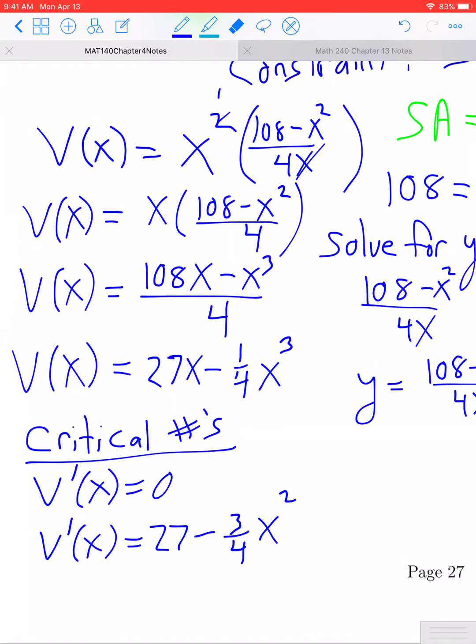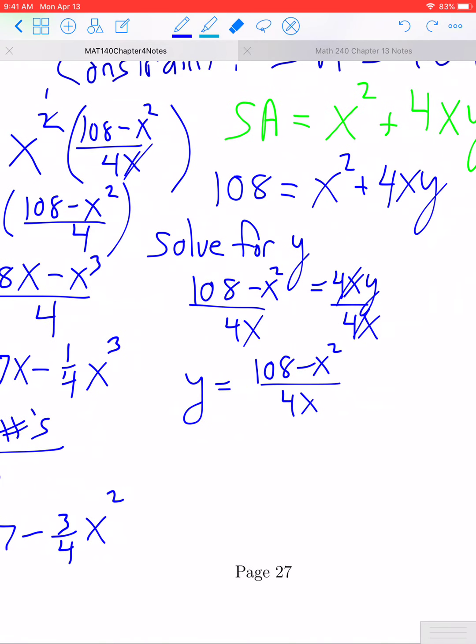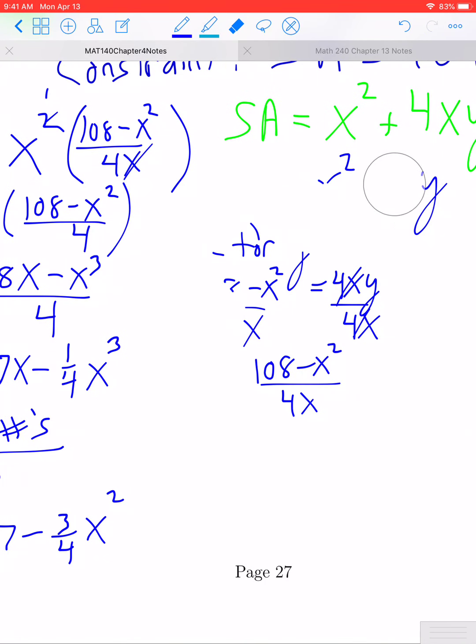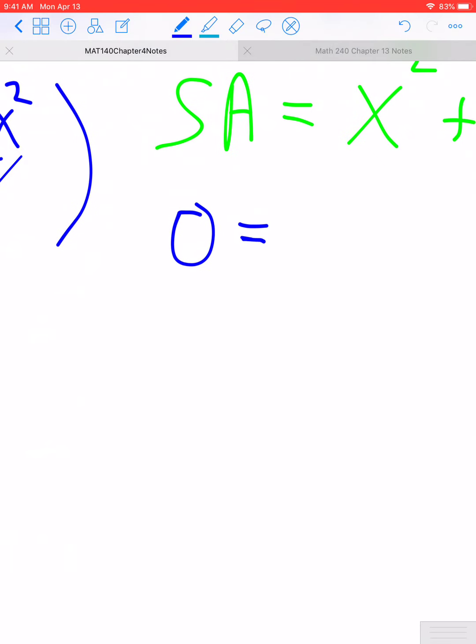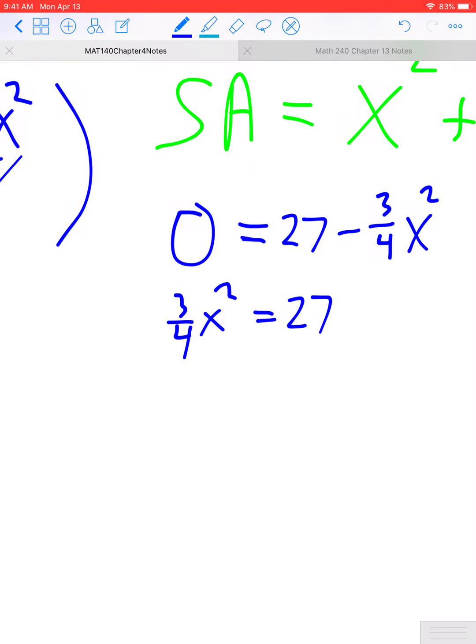We can solve for where this is equal to 0. So when is 0 equal to 27 minus 3/4 x squared? Well, we can add 3/4 x squared to both sides. The next step is you would want to divide by 3/4, which would be equivalent to multiplying both sides by 4/3.